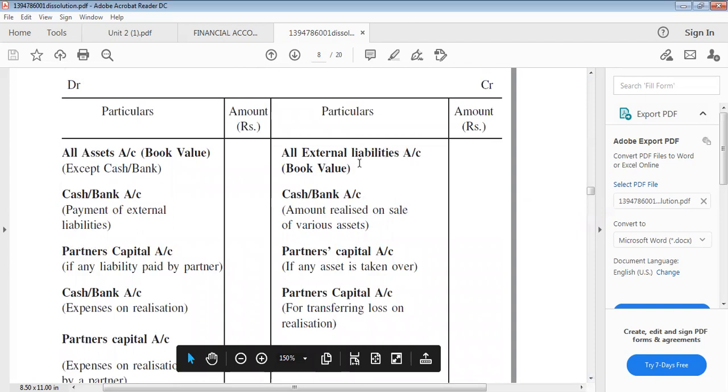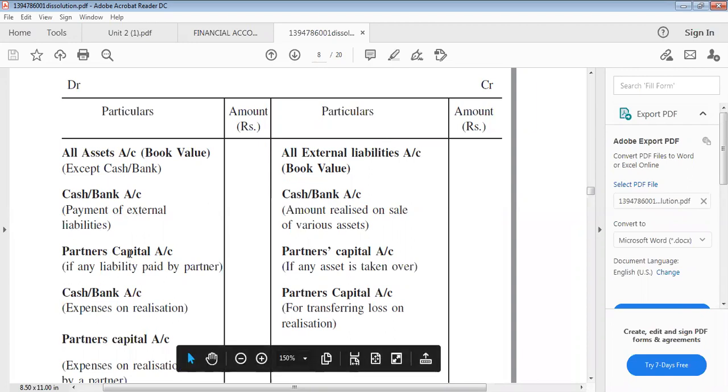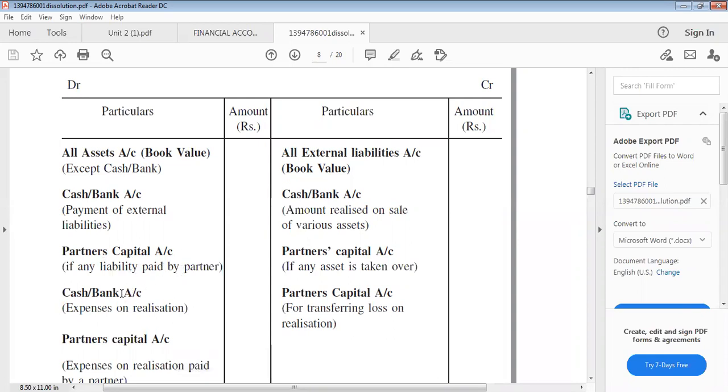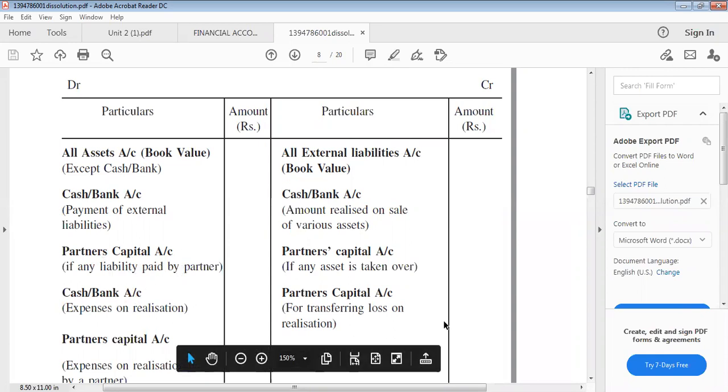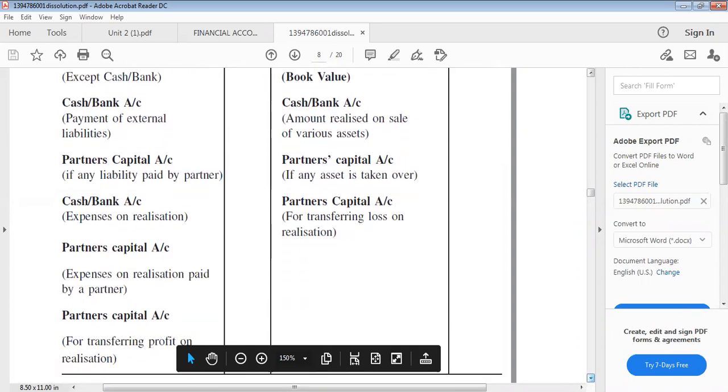All external liabilities at book value are recorded on this side. Cash or bank payment of external liabilities. Partners' accounts if any liability paid by the partner. Cash for expenses on realization. Partners' accounts for expenses on realization paid by a partner. Partners' accounts for transferring profit on realization.